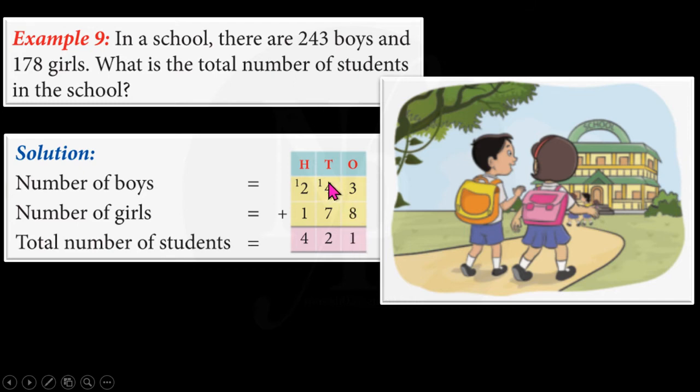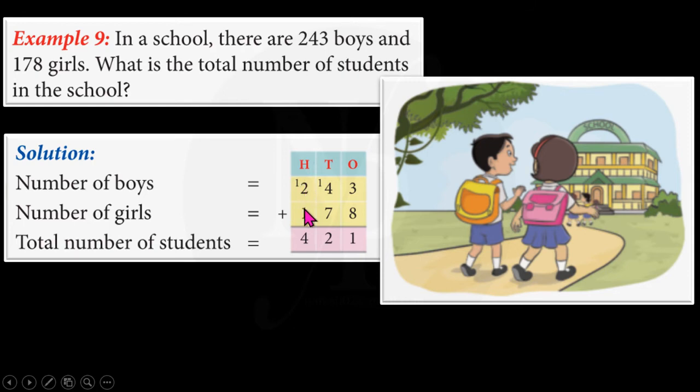So 1 ten is carried forward to tens column and we add these digits. So 1 plus 4 is 5. 5 plus 7 is 12. So 12 tens are regrouped as 100 and 2 tens. 2 tens are written here and 100 is carried forward.